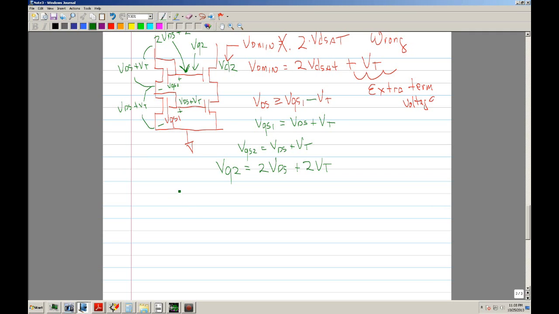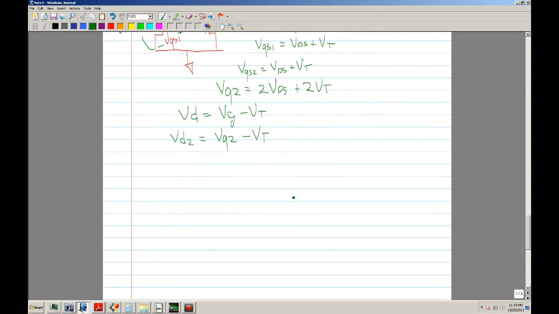So we can use the equation that I had derived before, where VD is equal to VG minus VT. So we can also now name it VGS2 minus VT.